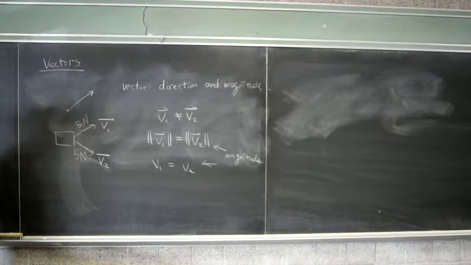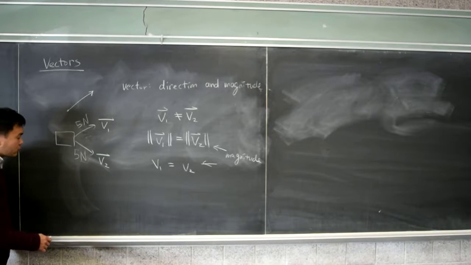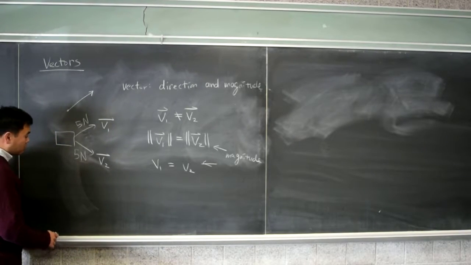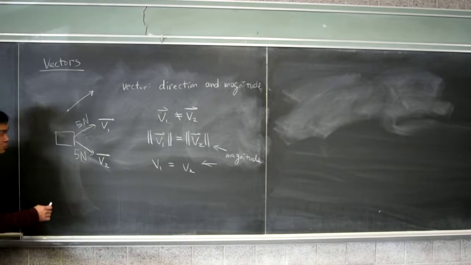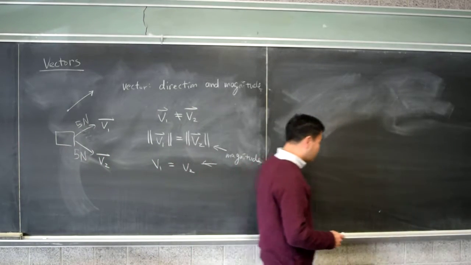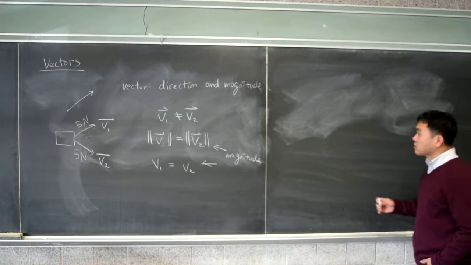Now, in the textbook, people will use boldface letters to denote vectors too. So there are two notations for vectors.